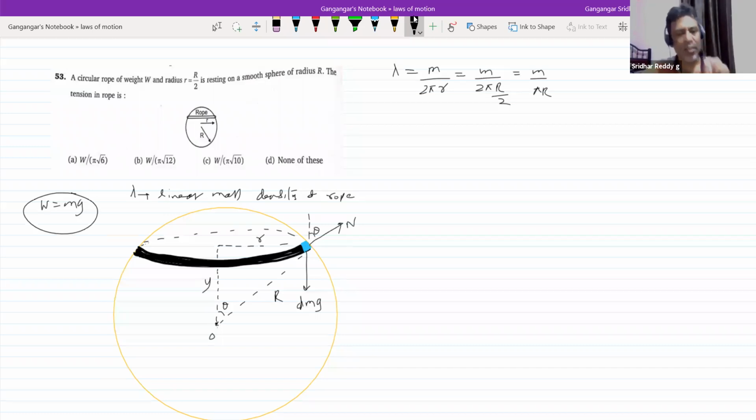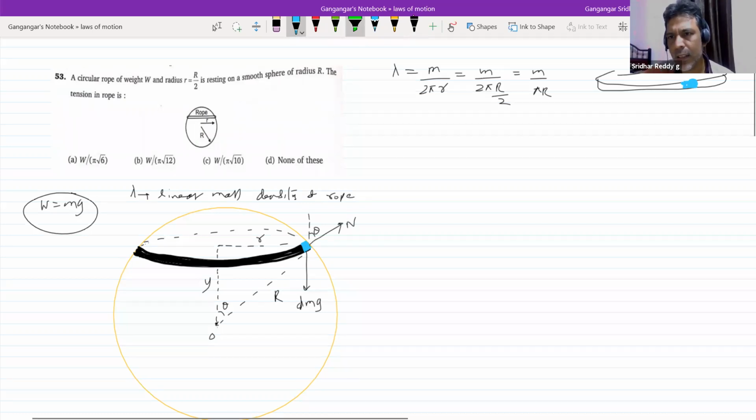I'm asking you to assume a small element on the rope. It's all about how well you analyze the diagram, nothing else. So this is that small element dm. Its weight will act like this. That's what I'm showing. Okay, got it? So the length of this, let it be dx.